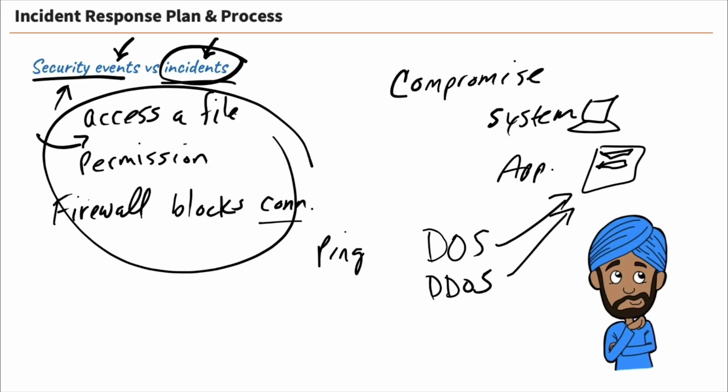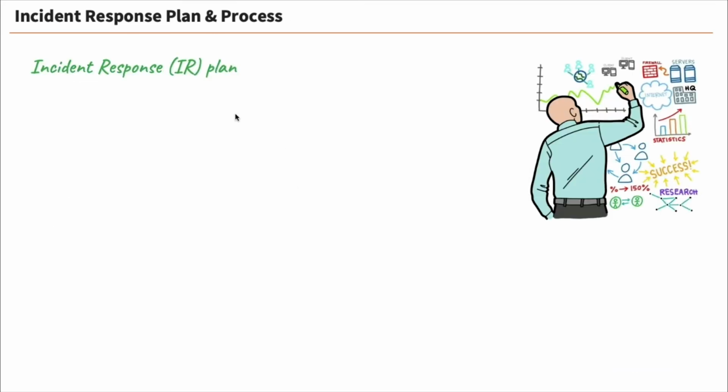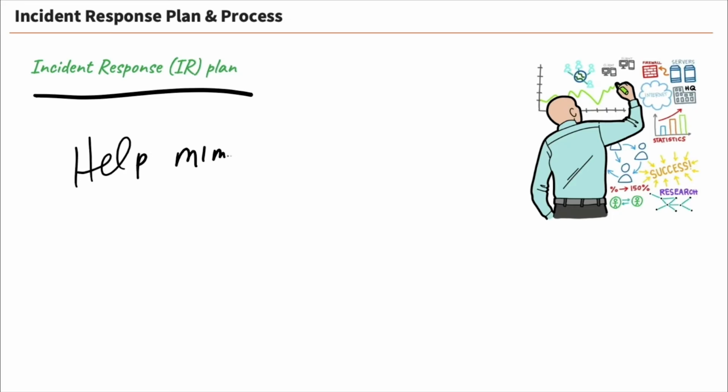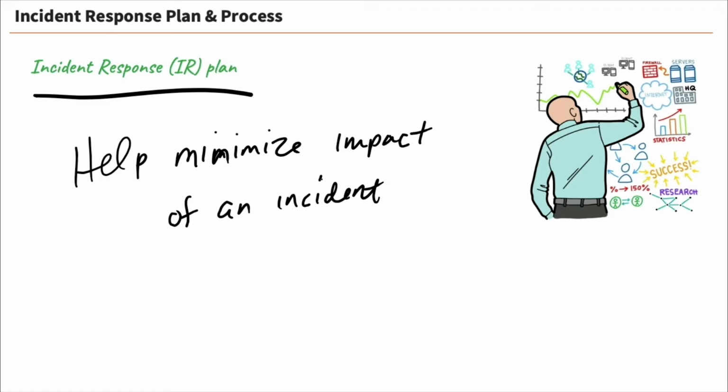So now let's talk about incident response plans. Now, what is the purpose of an incident response plan? Well, the purpose is to do one thing, and that's to help minimize the impact of an incident. And that's the whole idea behind an incident response plan. It's to make sure that we are ready to deal with an incident.